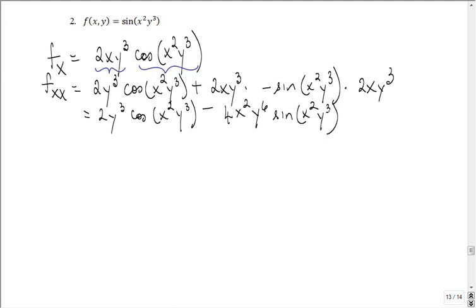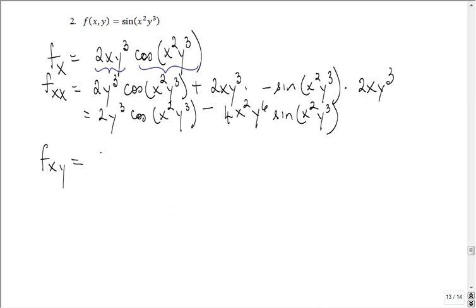We go to fxy now. Do the same thing. Partially differentiate 2xy cubed with respect to y. Now these questions are not difficult, but they can be tedious, and you can make an error very quickly.